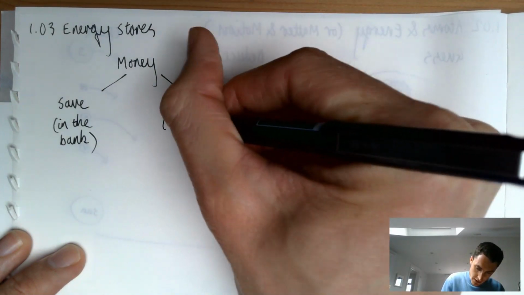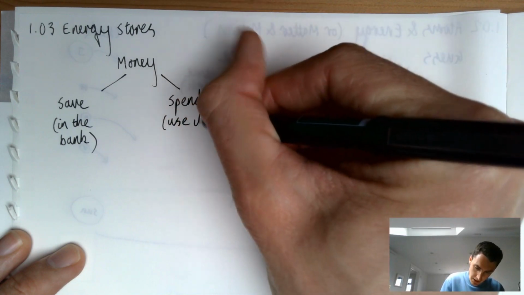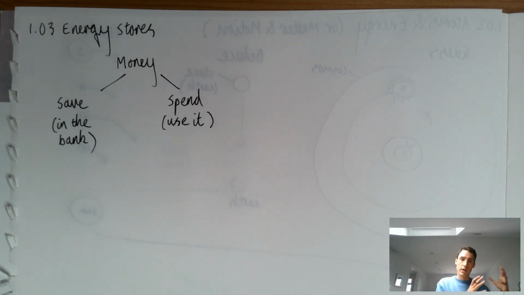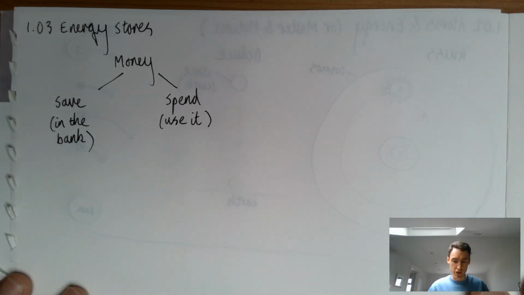Which means to use it to do something, whether that's buying clothes or going to the cinema or going on holiday, whatever. We either have it in the bank, we save it, or we're using it, we're spending it. Obviously, there's a lot more things you can do with money, but for the purposes of what we're talking about today, that's a pretty simple picture that we can give.